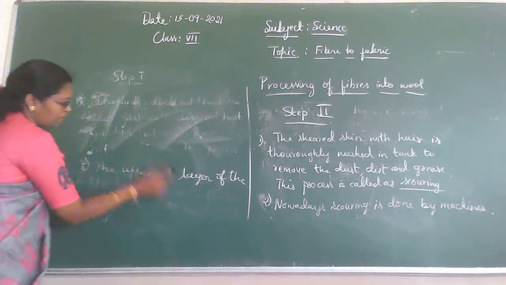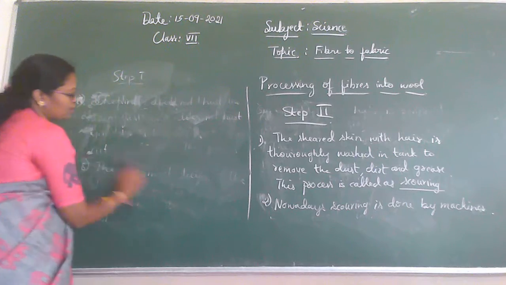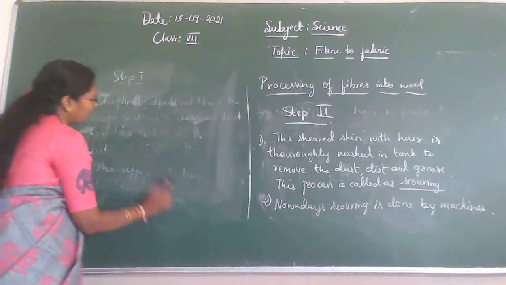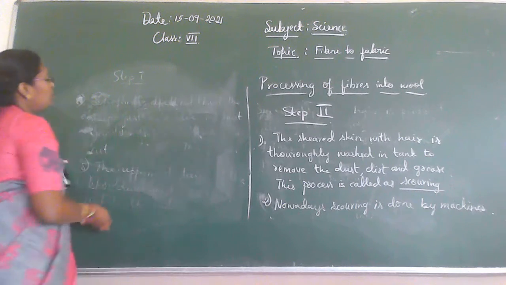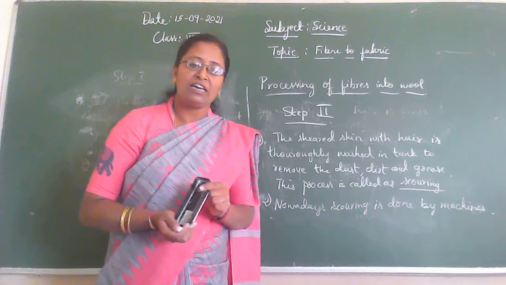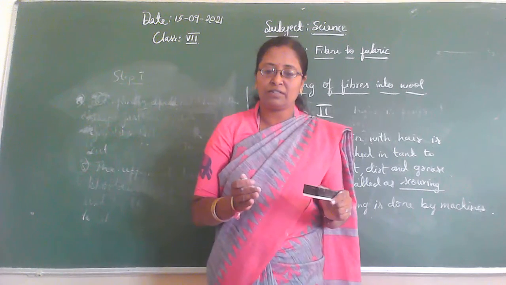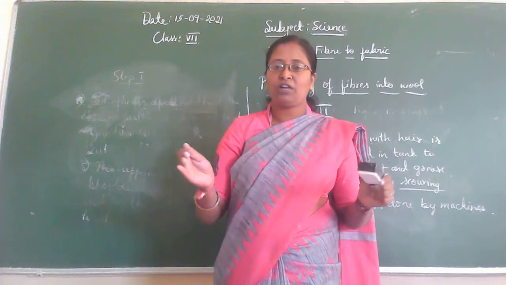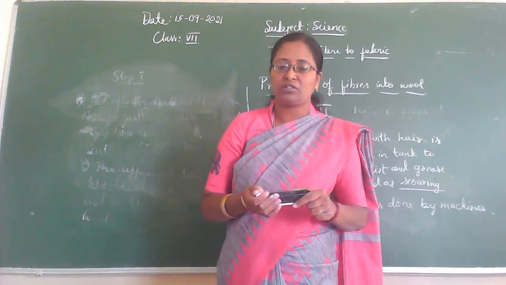What is the next step involved? That is the third step. It involves the process called sorting. In the sorting process, the hairy skin is sent to the factory. In the factory, the hair of the sheep is sorted out. It is grouped based on the textures.